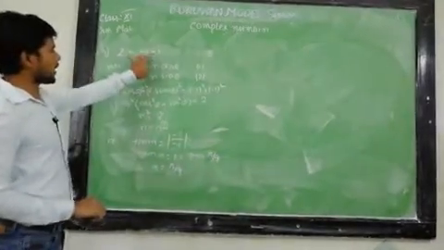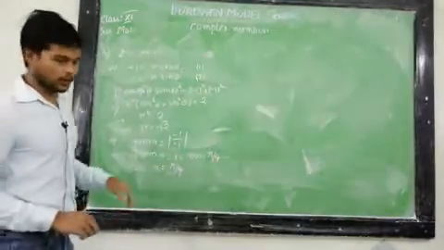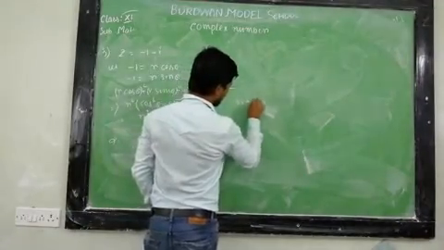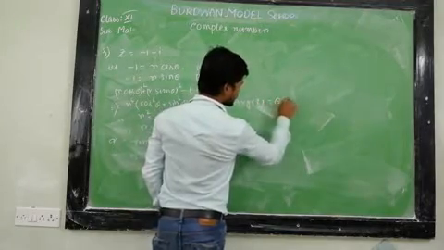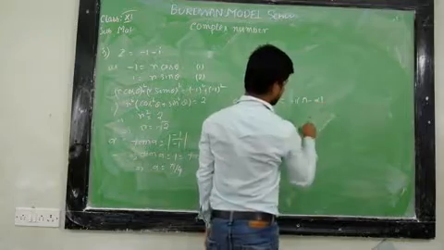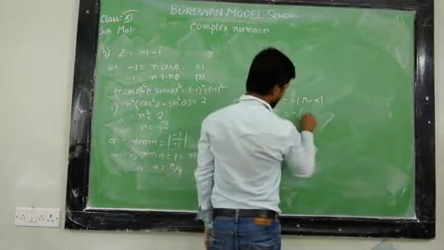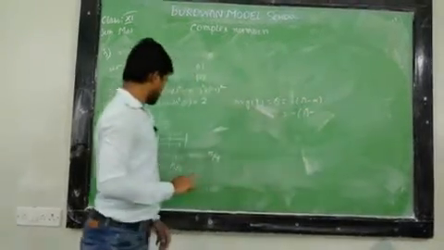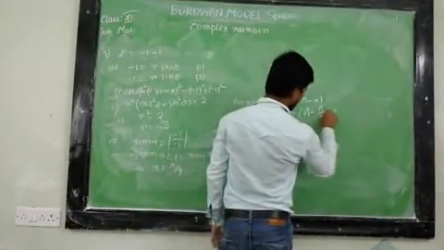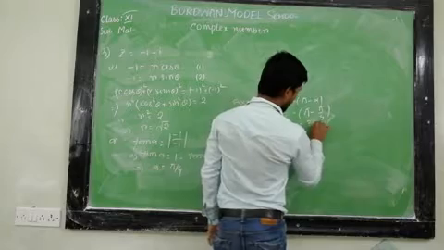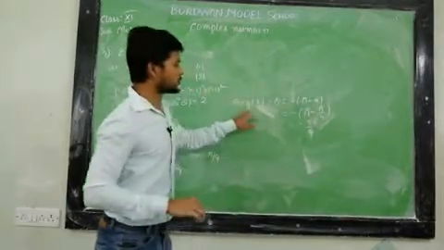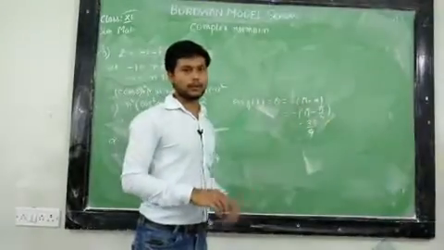Now look at the point. As the point is lying on the third quadrant, we know argument of z, which is equal to theta, is equal to minus of pi minus alpha, means minus of pi minus the value of alpha, pi by 4, which is equal to minus of 3 pi by 4. So argument of z equal to minus of 3 pi by 4.